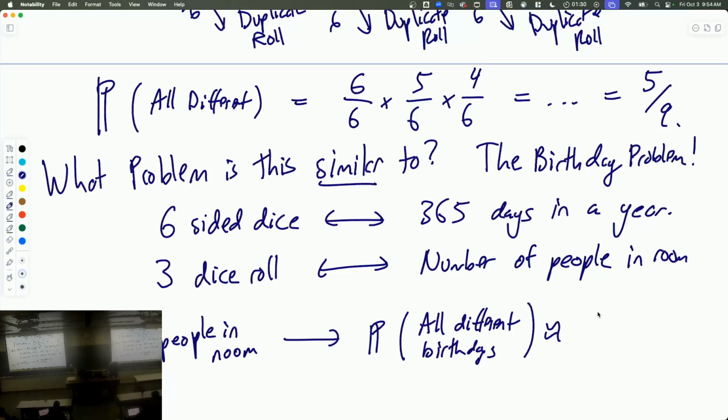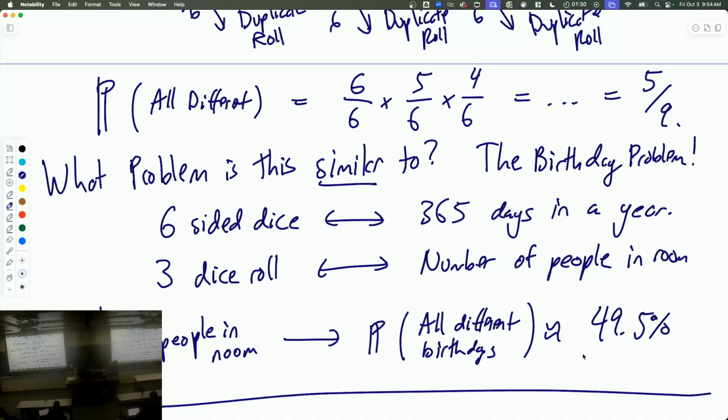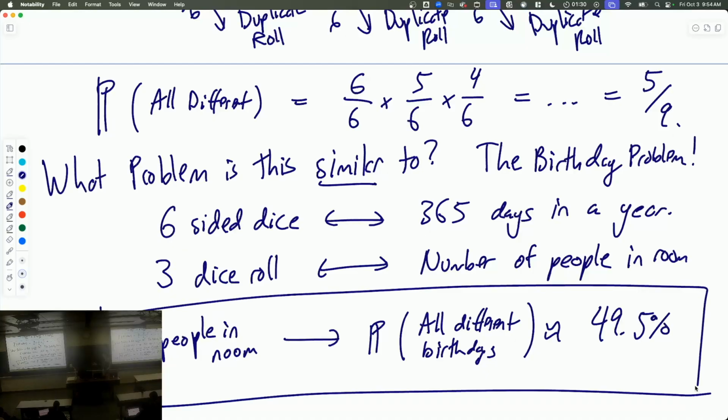It will be approximately, I think it's like 49.5%. So with 23 people in the room, if you work out the same kind of calculation, the chance that they have all different birthdays is slightly less than 50%, and that means the chance that somebody shares a birthday is slightly over 50%. You only need 23 people to have a 50-50 shot at a shared birthday in the room, which is kind of a cool counterintuitive thing. You kind of think it should be more than that.